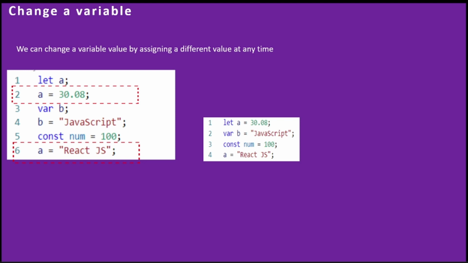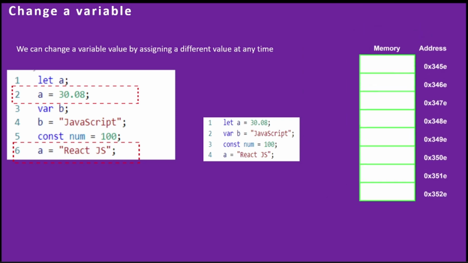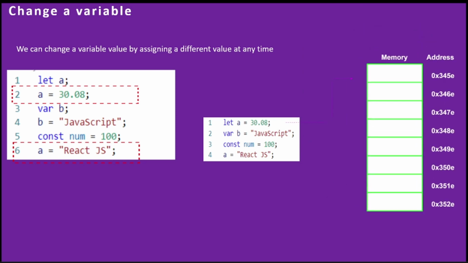Let's see that in our memory. Whenever you create a variable a and initialize it like this, it is just assigned 30.08 in your memory. For b as well, similarly, and for num also.